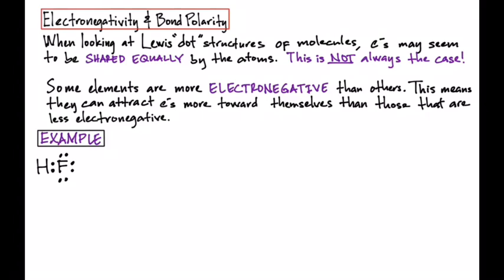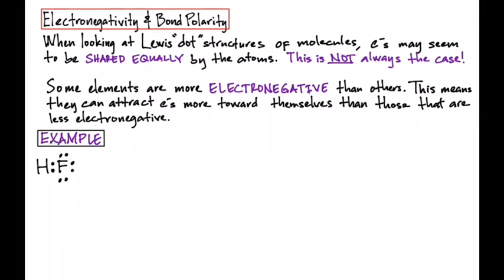So we have hydrogen and fluorine. And this is basically the Lewis dot structure for hydrogen fluoride. You can see that fluorine has a total of 8 valence electrons, so it's isoelectronic with a noble gas. And this hydrogen right here has 2 electrons, which makes it isoelectronic with helium. And so you have 1 pair of electrons right here that's being shared by the 2 atoms.